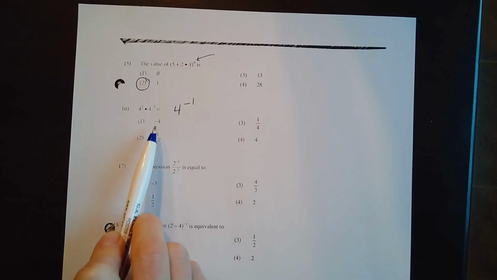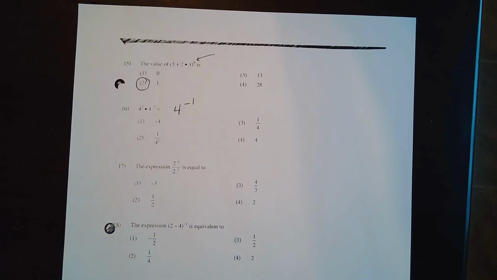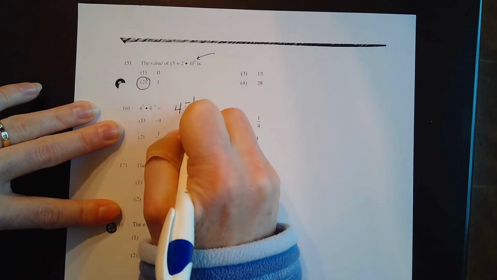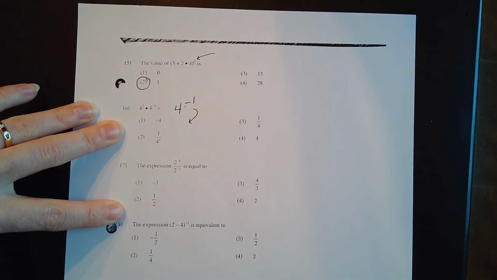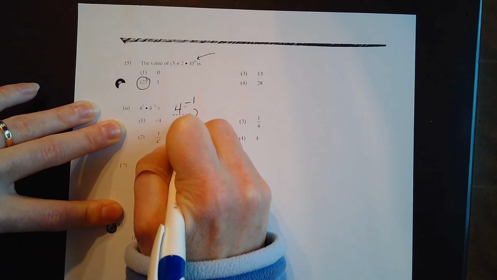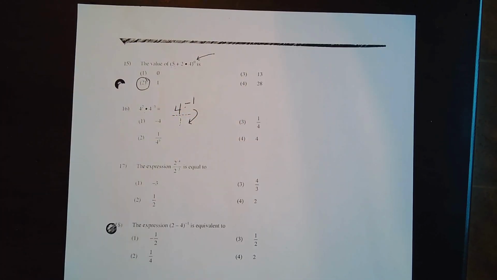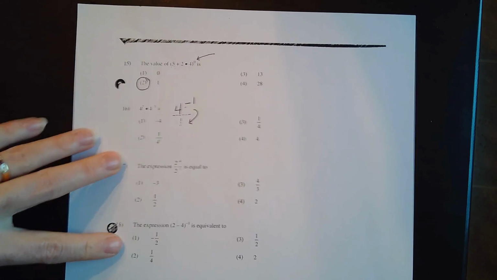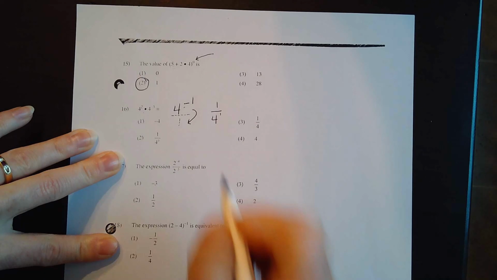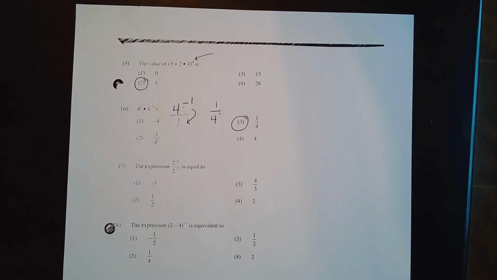Now at this point, I don't see that as one of the answers, so they want us to simplify that one step further. When we have a negative exponent, we just move it to the denominator, because this is just like it's over 1, and when we move it to the denominator, we can make it positive. So this would be 1 over 4 to the positive first power, which is choice 3.